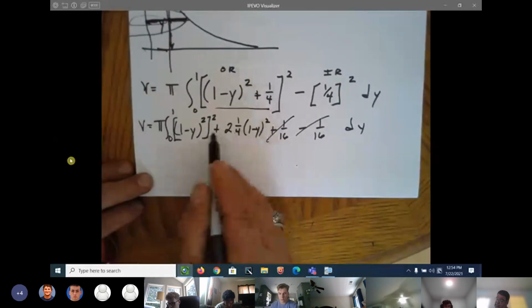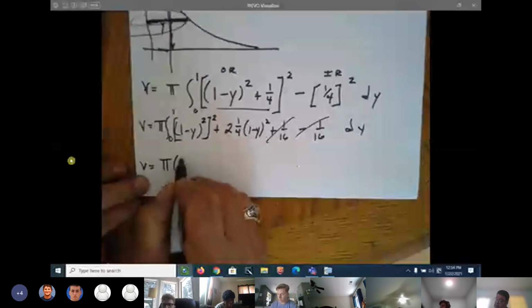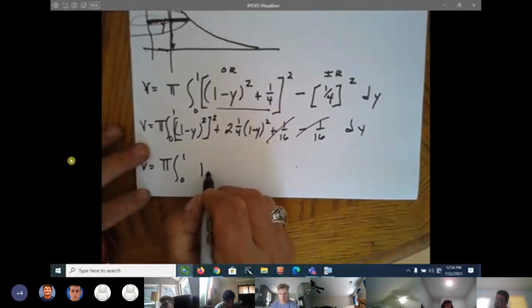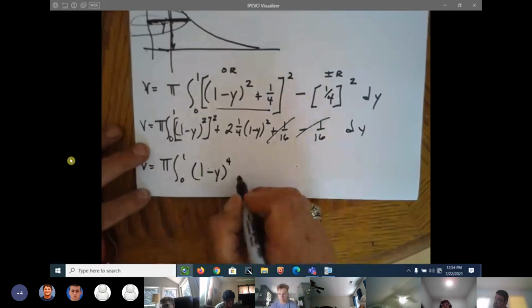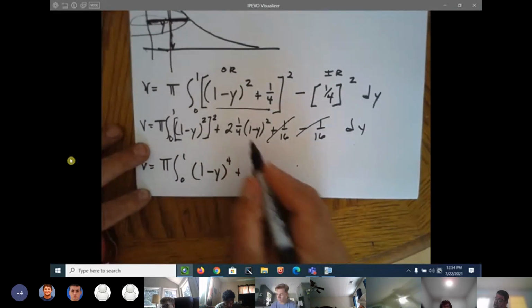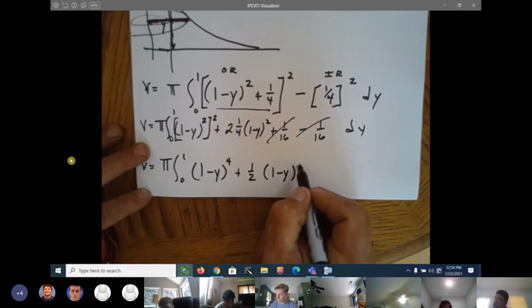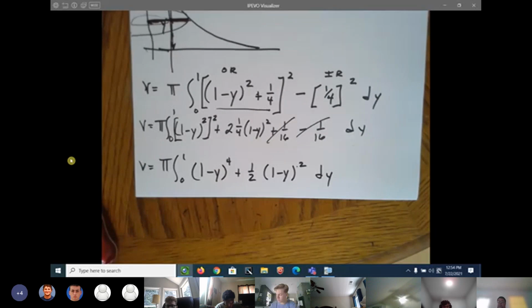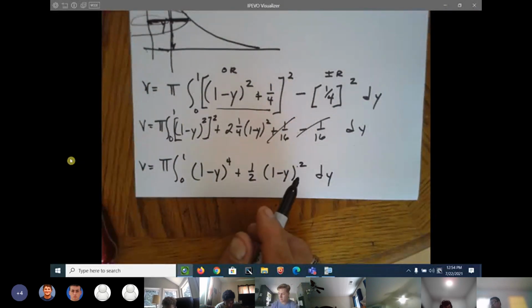And now we got this. So V is equal to pi, and I'm going to rewrite this as 1 minus y to the 4th power plus 1/2 of 1 minus y quantity squared dy. And this is a mess, but we'll go ahead and do it.